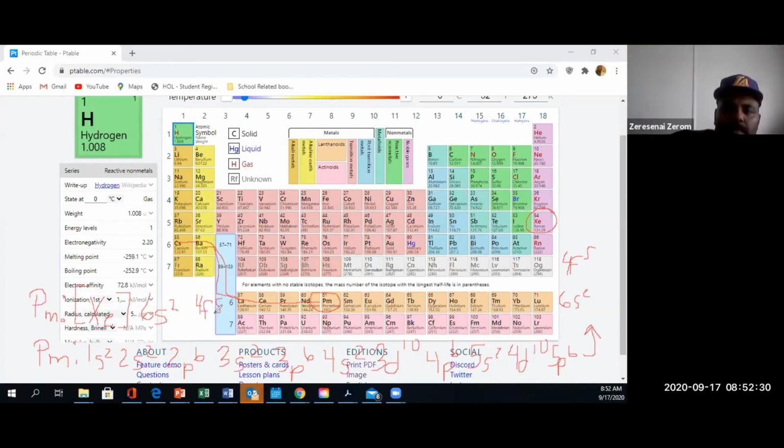So we would always go from the nearest noble gas. Not the nearest noble gas, the noble gas that you've passed. Sometimes the nearest one is not the last one, so you've already had to pass it. So you just go back to the nearest noble gas that you passed, okay? And that's going to be important.